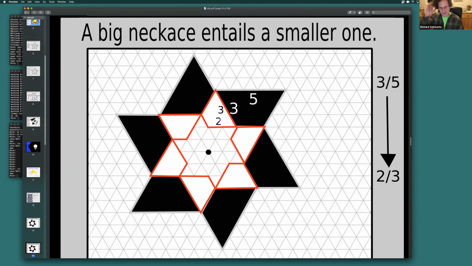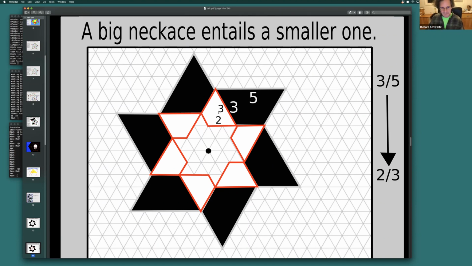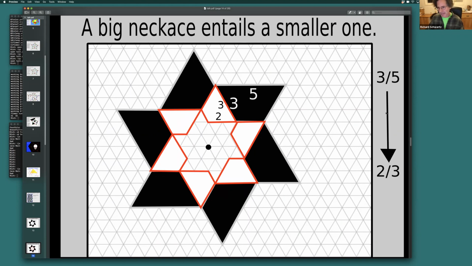It's a little hard to articulate what the rule is besides just saying it, look at the picture, but basically each of the white ones shares one edge with each of the black ones. I mean, each white one has one edge in common with a black one and another edge in common with the adjacent black one. So if you look at this picture, you can imagine doing this for any trapezoid necklace. So here I've indicated this by an arrow. 3/5 entails 2/3.